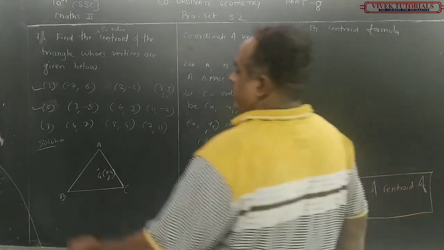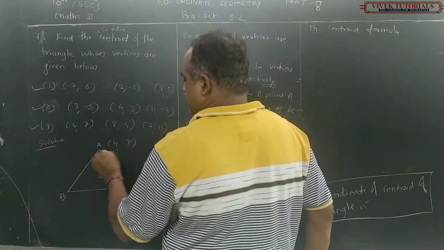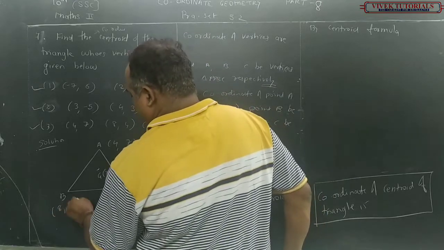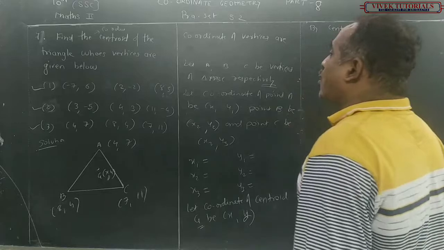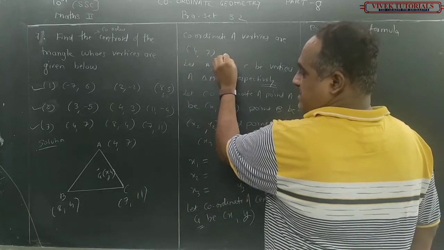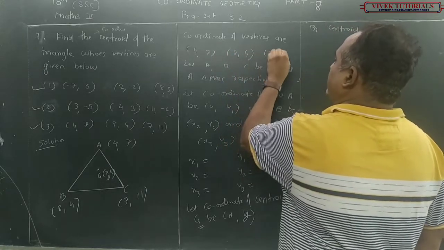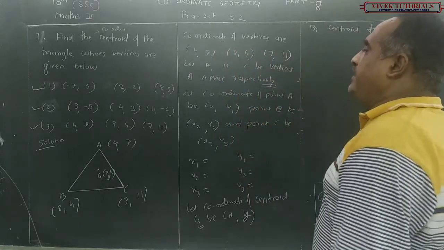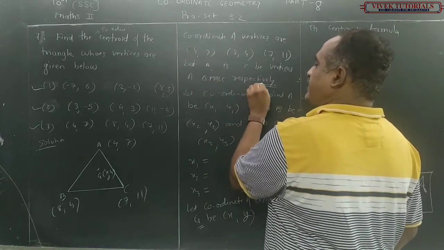Now, question number 3 is 4, 7, 8, 4 and 7, 11. The coordinates of the vertices are 4, 7, 8, 4 and 7, 11. Let A, B, C be the vertices of triangle ABC respectively.